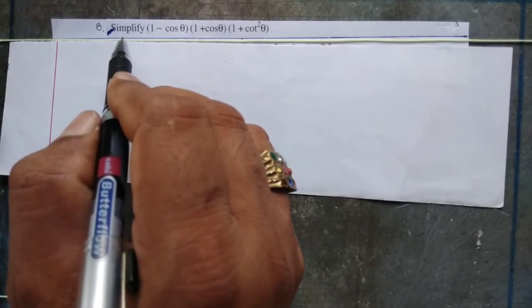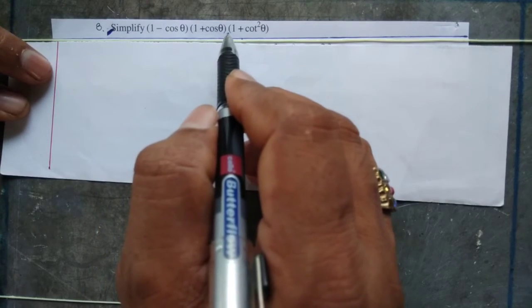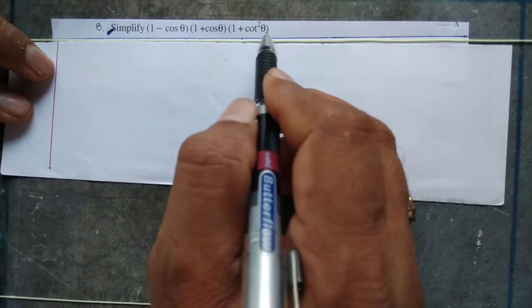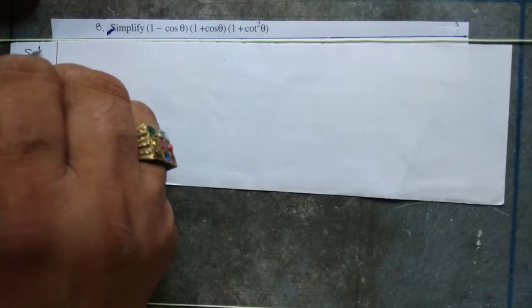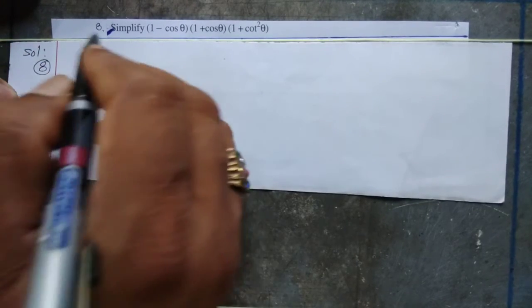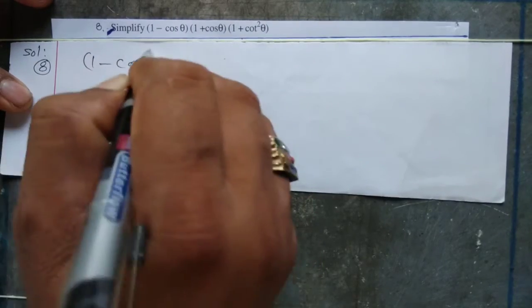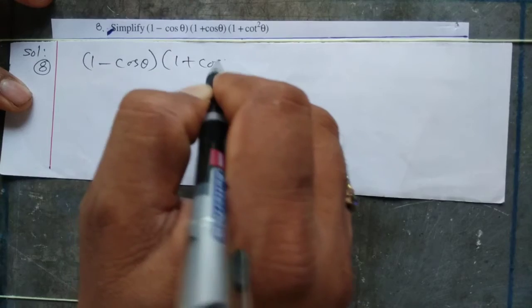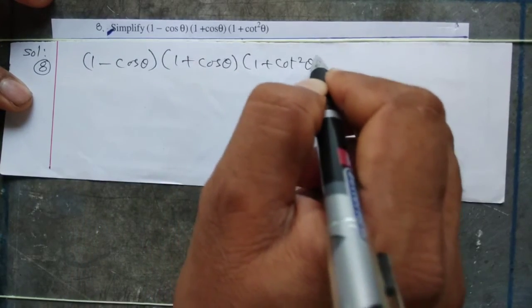Question number 8. Simplify 1 minus cos theta into 1 plus cos theta into 1 plus cot square theta. Solution for 8th problem. Given 1 minus cos theta into 1 plus cos theta into 1 plus cot square theta.